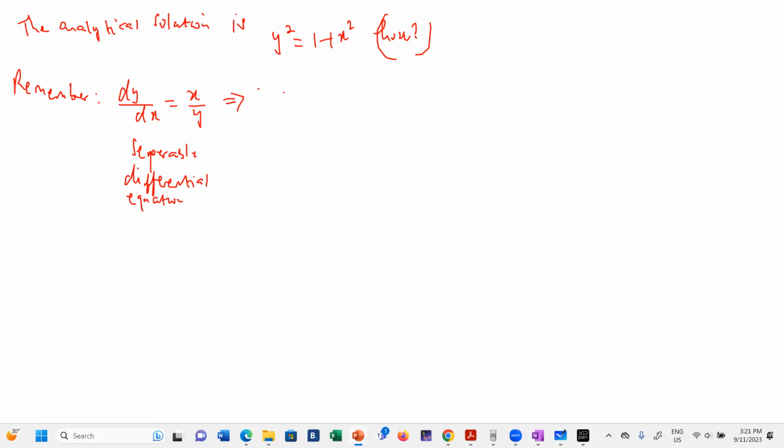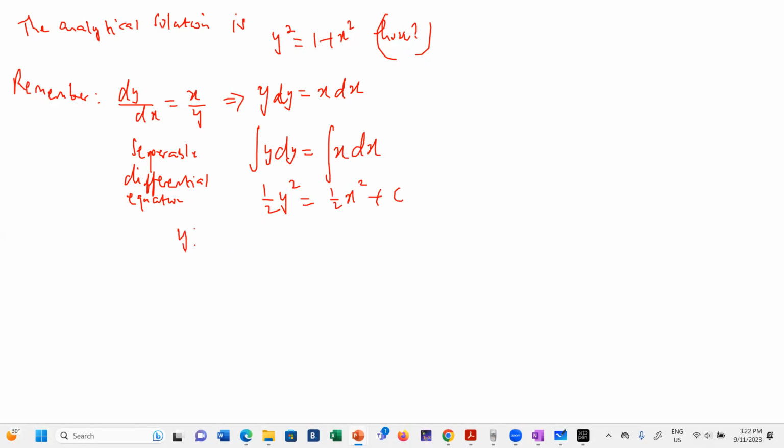We can solve this. Just a simple cross multiplication yields this. We apply the integral sign. This integral sign is the symbol S for summation. And then we have half y squared equals half x squared plus a constant, but we have the initial value y at 0 is 1.